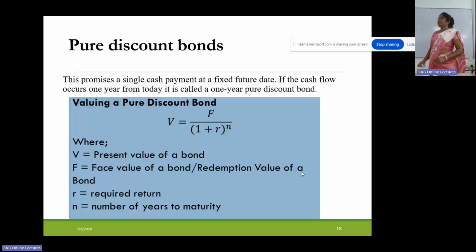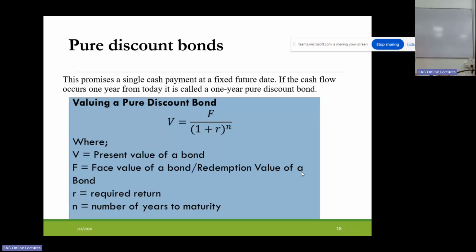So what is this pure discount bond? In case of the pure discount bond or the zero coupon bond, there is no coupon. There is a promised single cash payment at a fixed future date. At the maturity, you are getting only the face value.